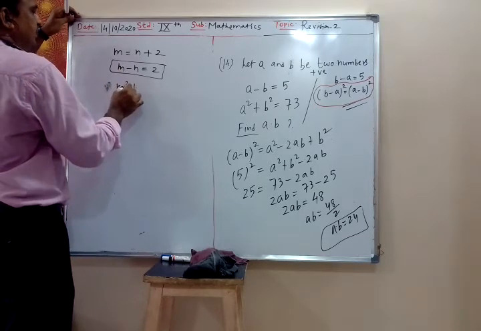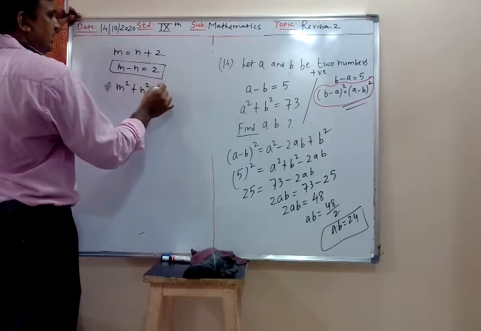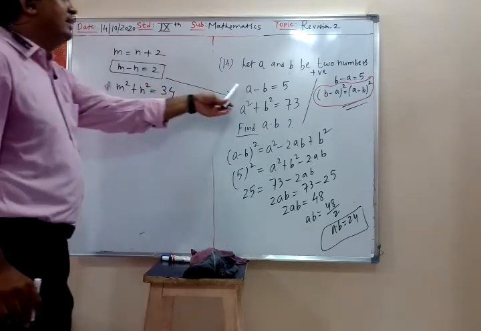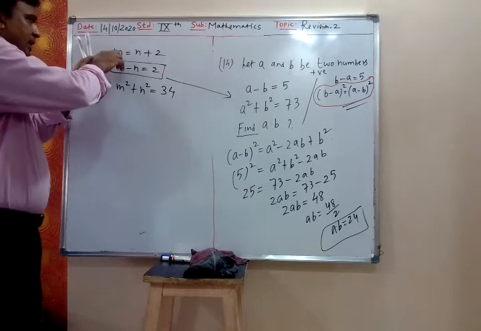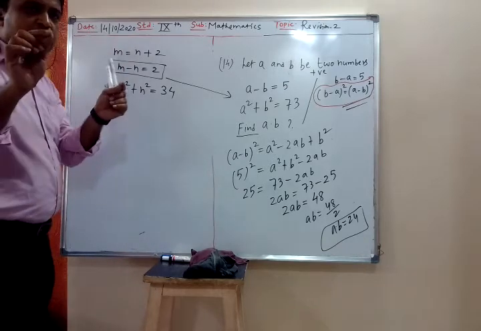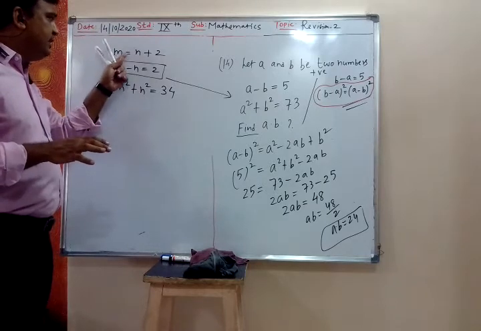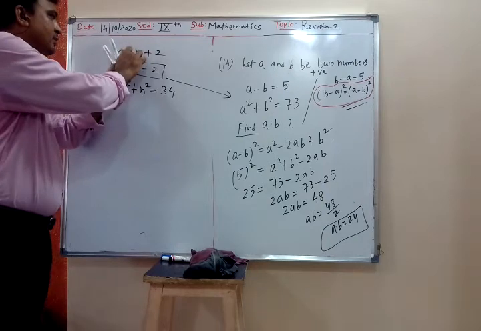Sum of their squares, m square plus n square, is 34. Now this has been converted to this problem. Instead of a minus b, it is given m minus n. The number m is, always you remember, is means equal to 2 more than the number n. So n plus 2.